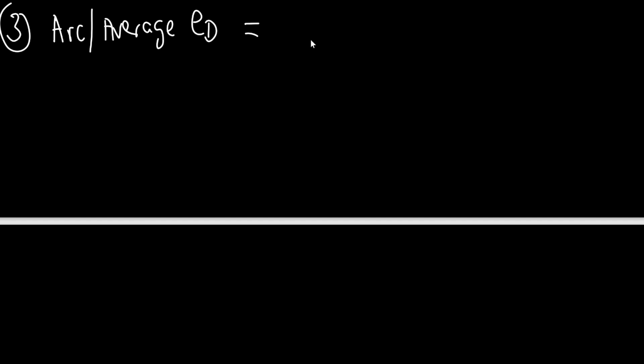You are going to take the change in the quantity, which will be the new quantity minus the old quantity, or the original quantity, right? And then this answer here, you divide it by the average quantity, which is the original quantity plus the new quantity over 2.